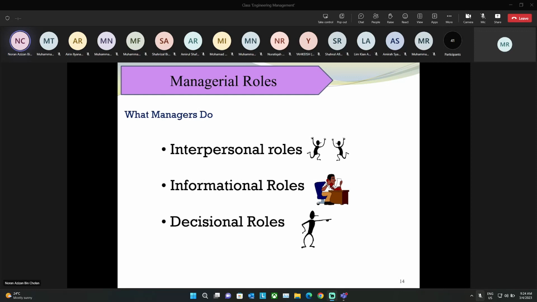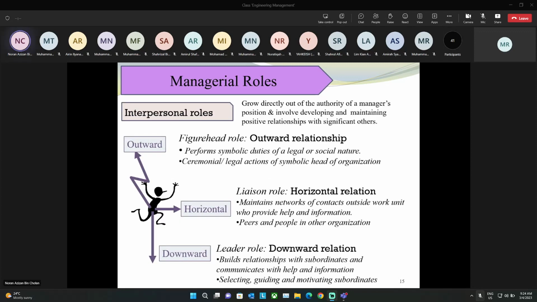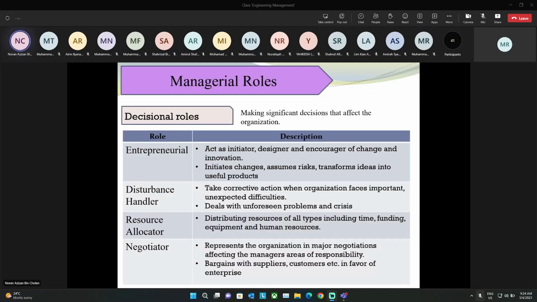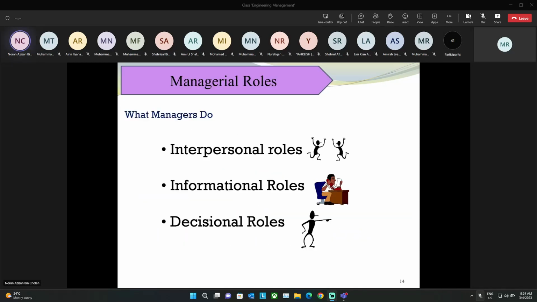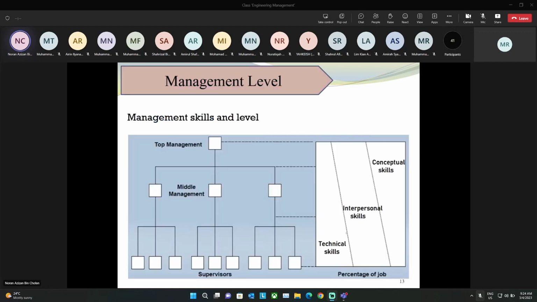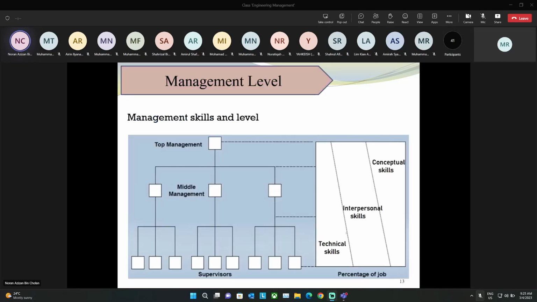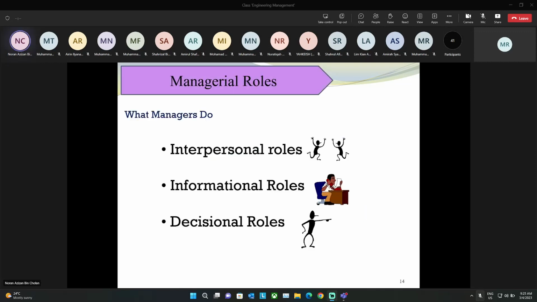Next, what are the managerial roles? I think this one, I have a meeting at 9:30. So for our first class, I think we will cover until this line. I'm sorry because I need to attend the meeting at 9:30.